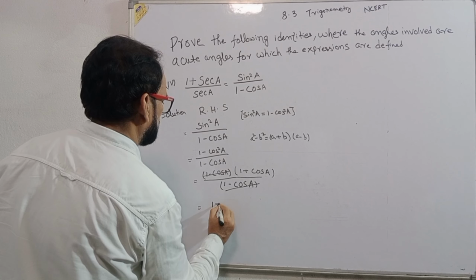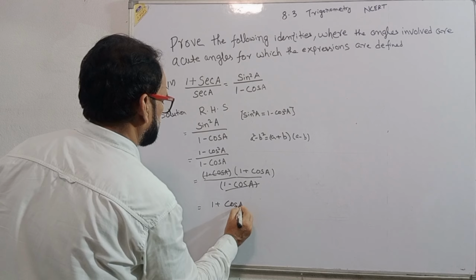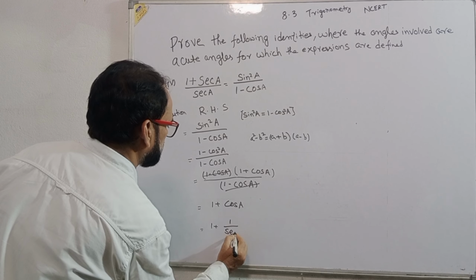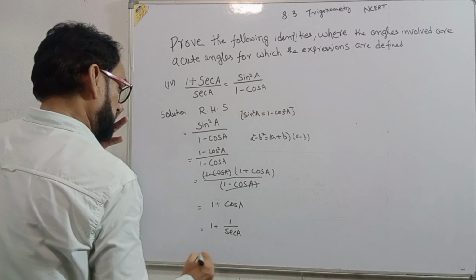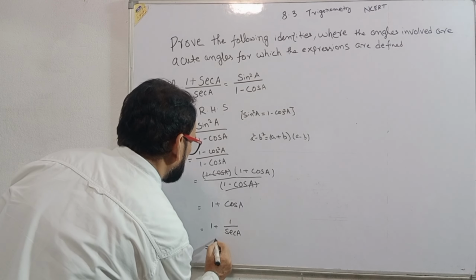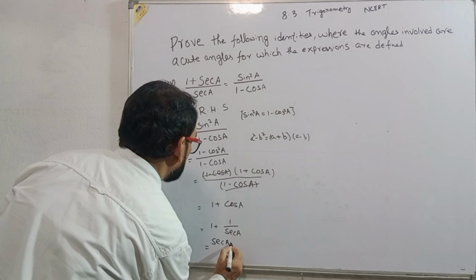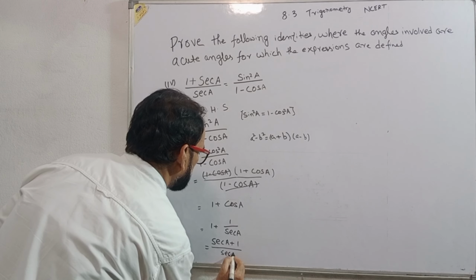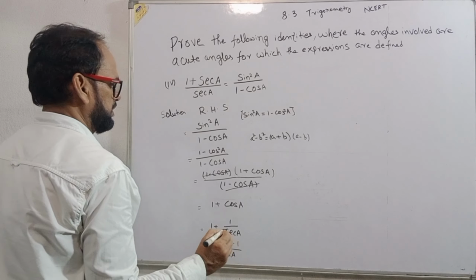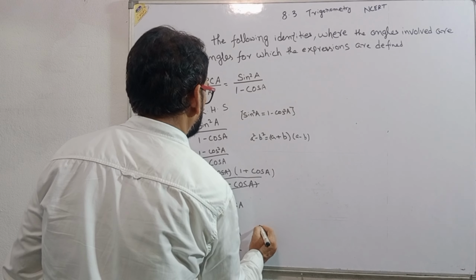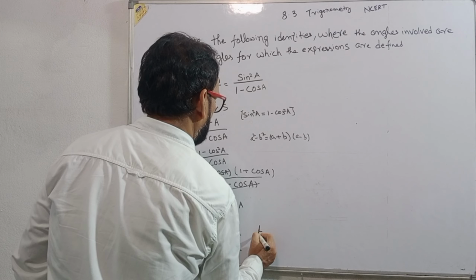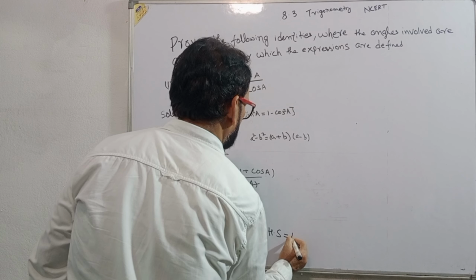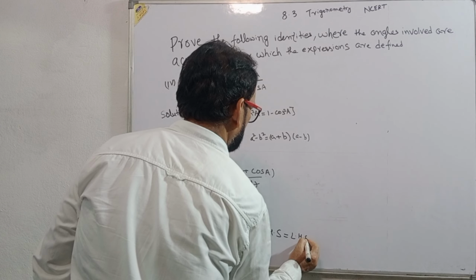Here 1 plus cos A. Now 1 plus 1 by sec A, here sec A plus 1 divided by sec A. Here RHS equal to LHS.